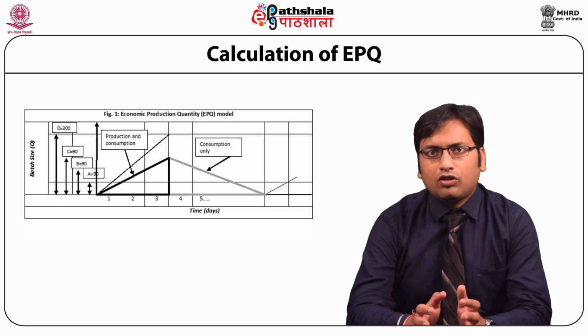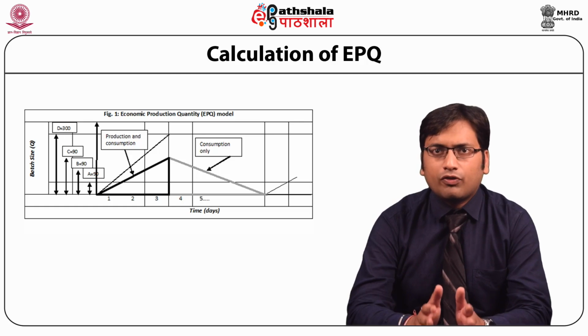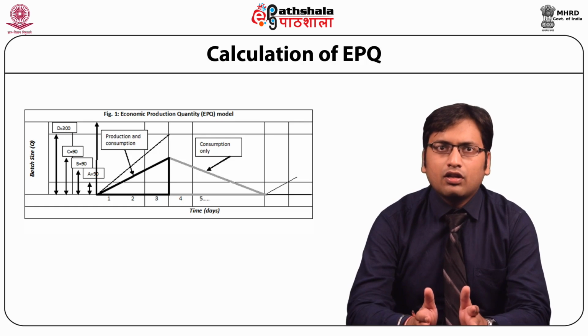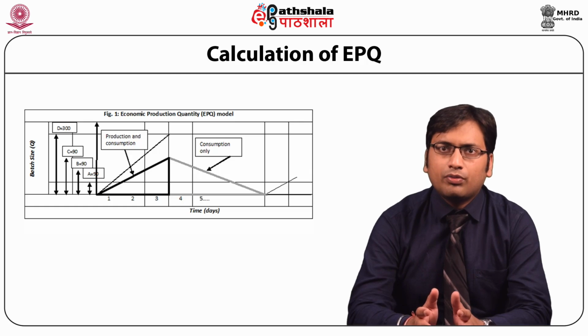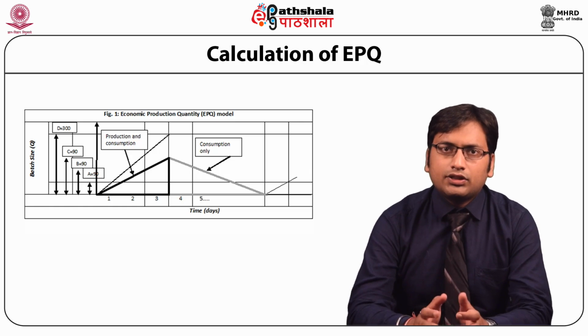After completion of the production run, the stock of 270 units is used at a constant rate of 10 units daily, shown by the downward moving line. This shaded area indicates only consumption with no production.